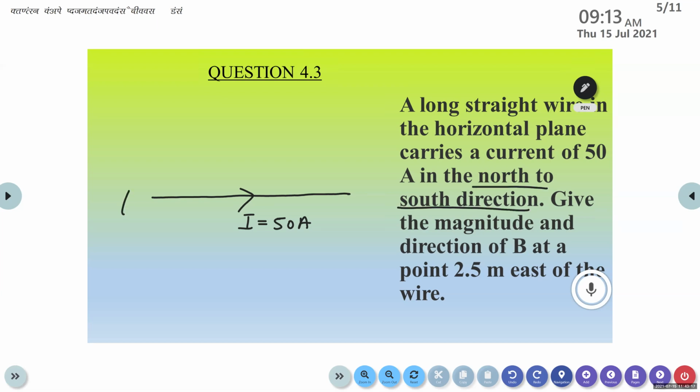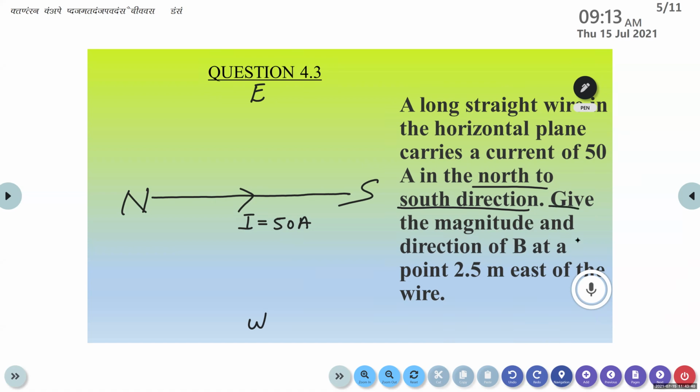So we can take this as north and this as south, and here is the east and here we have the west.